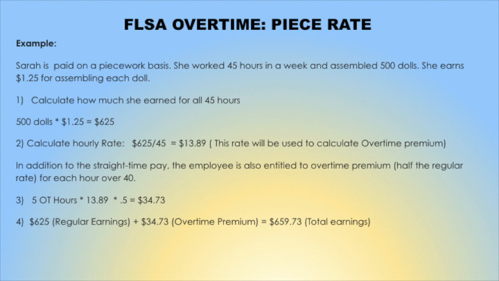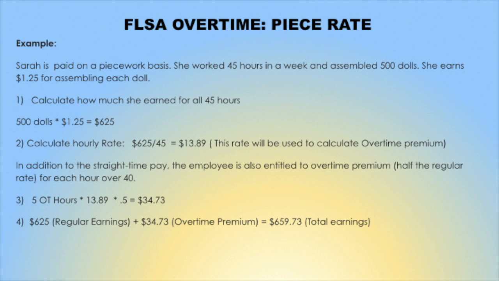And the employee is also entitled to an additional 1.5 times his regular rate of pay for each hour worked over 40, plus the full piecework earnings. So here, first we will calculate how much she earned for all 45 hours. She assembled 500 dolls and the rate is $1.25. Her total earnings are $625.